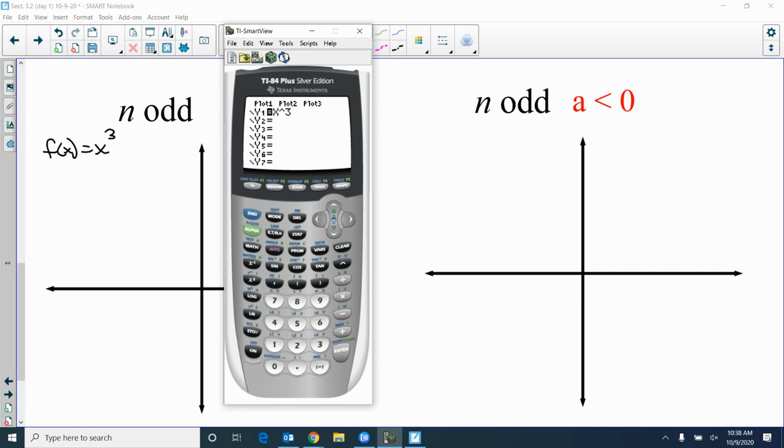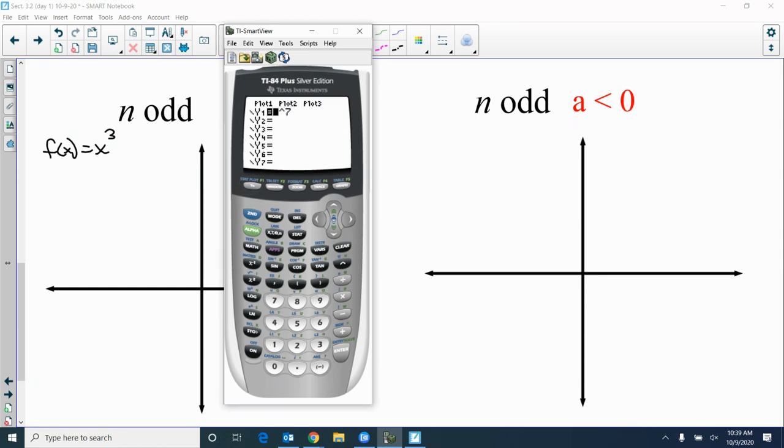So instead of the 3rd, it goes to the 5th. Okay, and let's take a look at the 7. Okay, it kind of flattens out and it gets closer to the x-axis in terms of that.